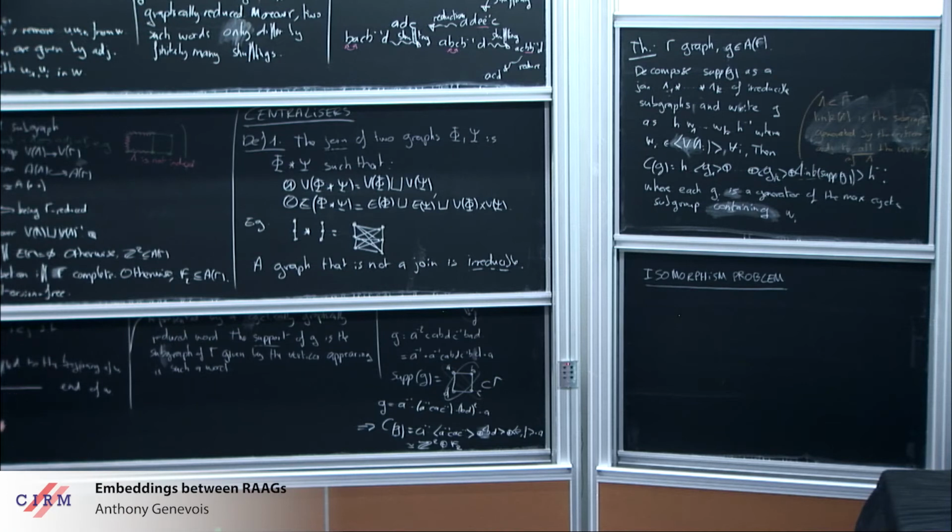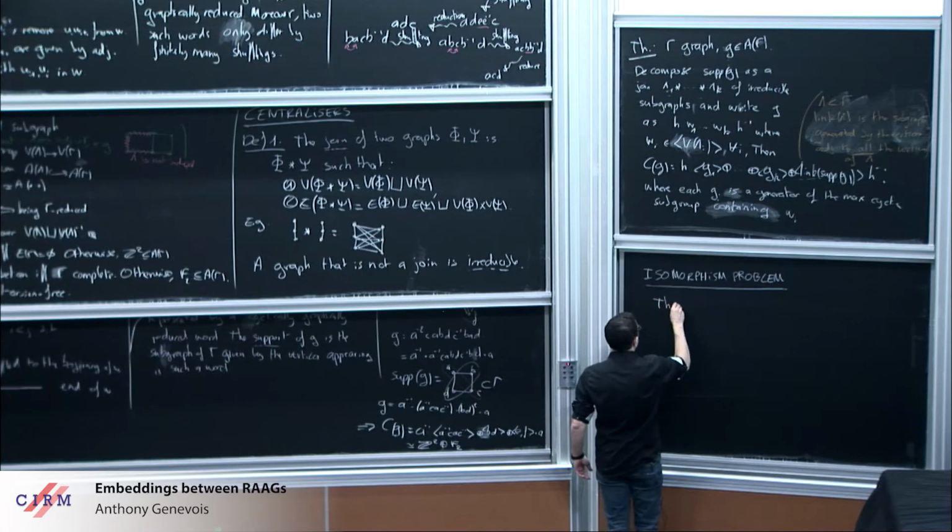The question is, you take two right-angled Artin groups and you want to determine whether or not the two are isomorphic. In this case, actually, the solution is pretty simple.